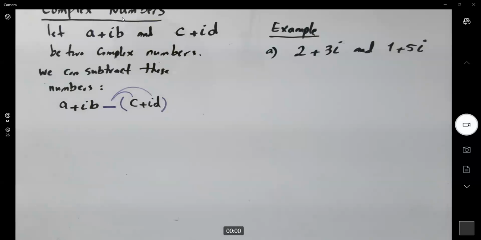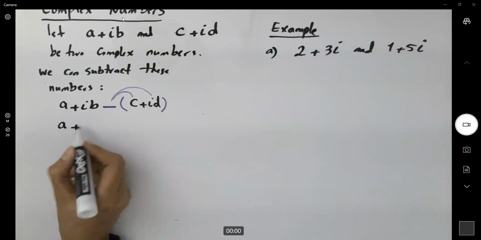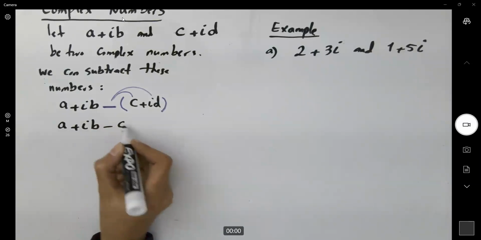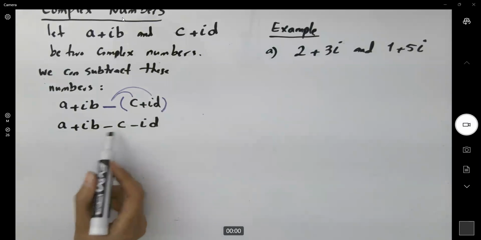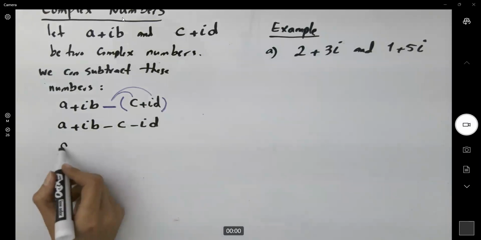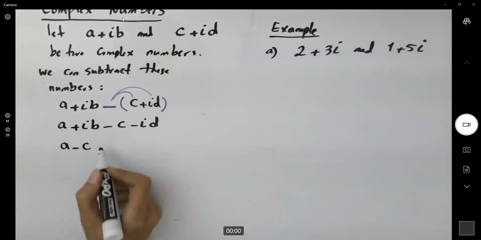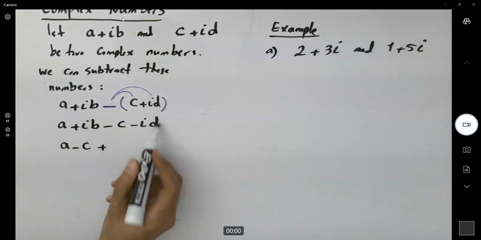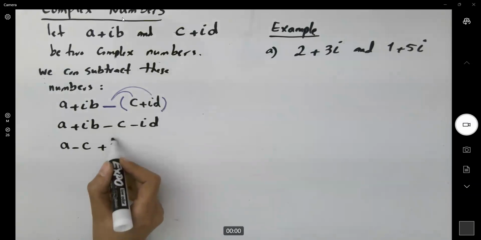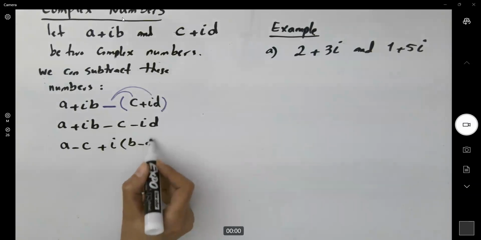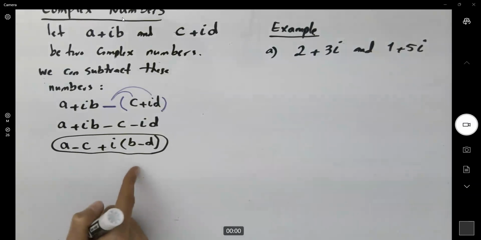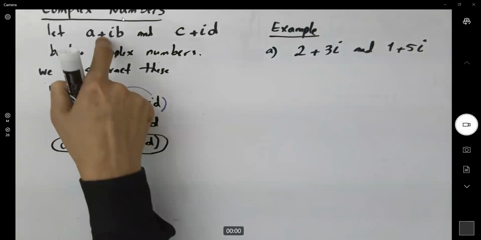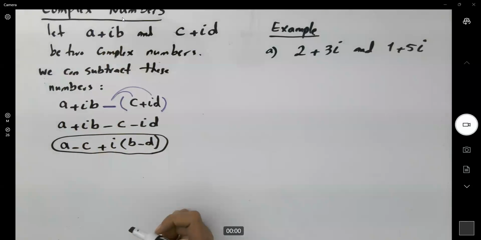It becomes a plus ib minus c minus id. Well, now you have real part. It's going to be a minus c plus, and for the complex part, if you factor out I, you're going to have b minus d. This is the difference or subtraction between these two complex numbers in general form.